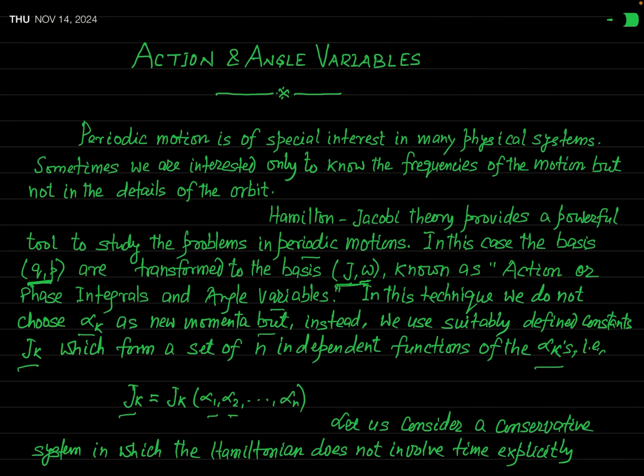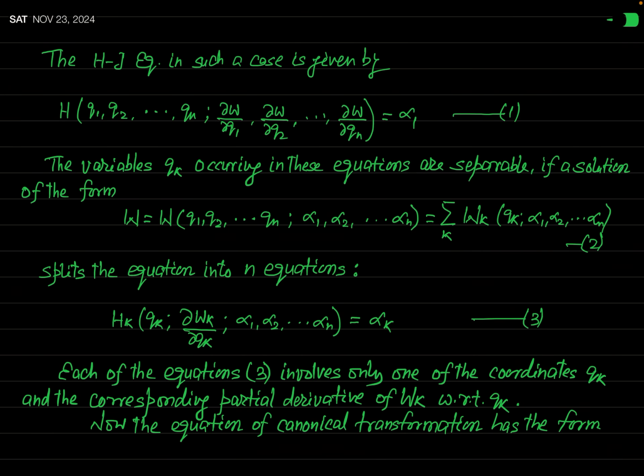So, let us limit our discussion here to a conservative system. If the system is conservative, then the Hamiltonian of the system will not contain time explicitly. It means the Hamiltonian of a conservative system is not an explicit function of time.